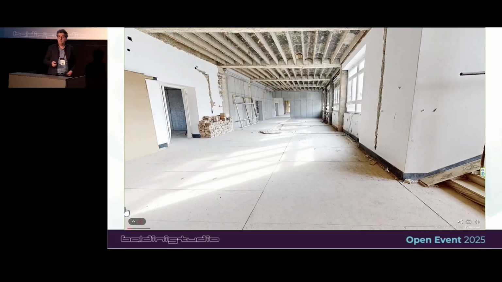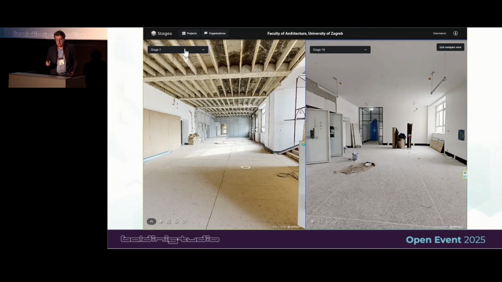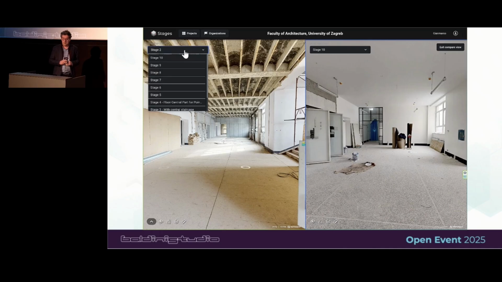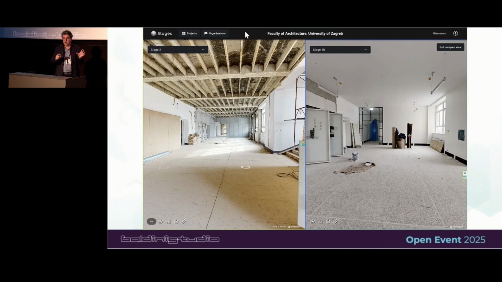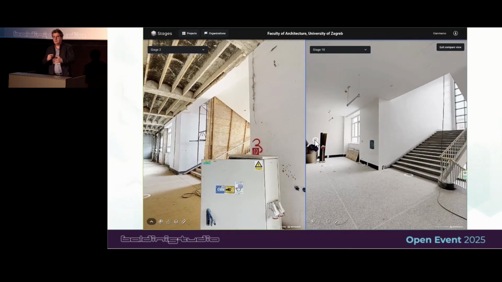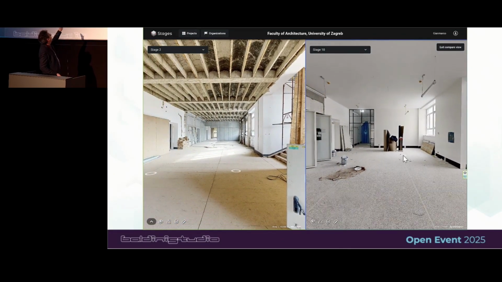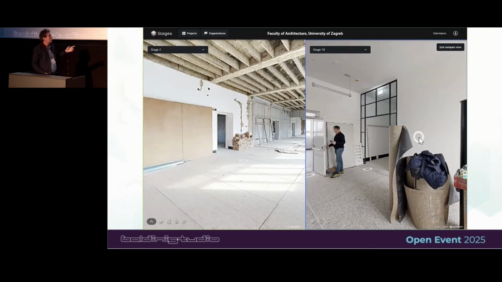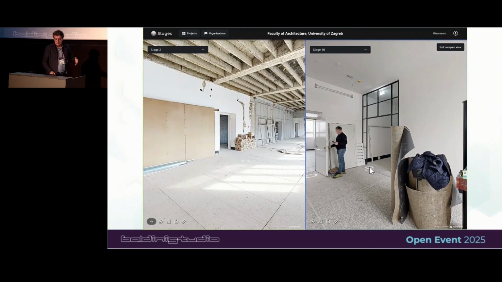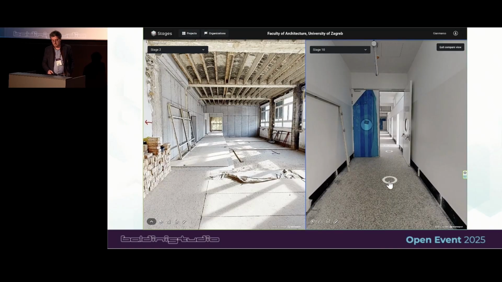Of course, you are not able to bring any students onto this kind of building site. This is where Stages comes in. We have several different points in time when we scanned, every several weeks. And you can see Stage 2, March 2024, and Stage, I think, 10, March 2025.